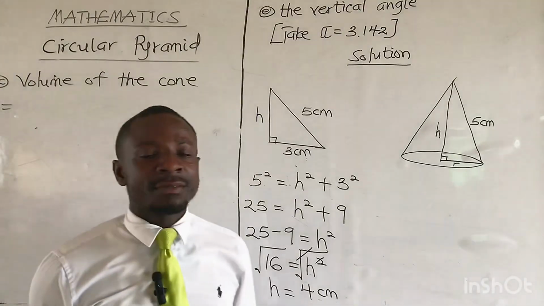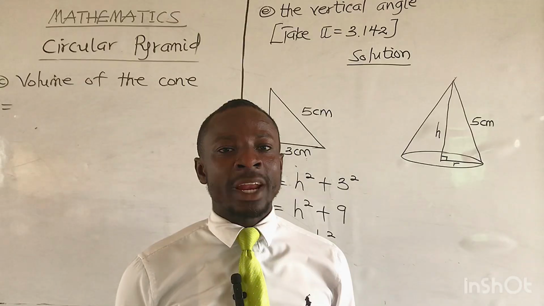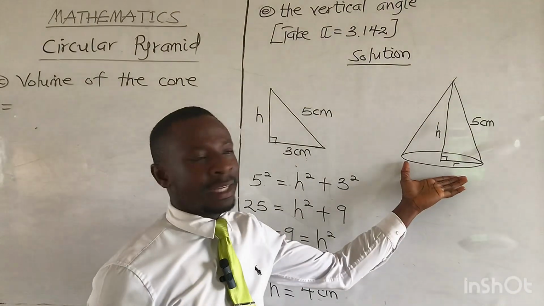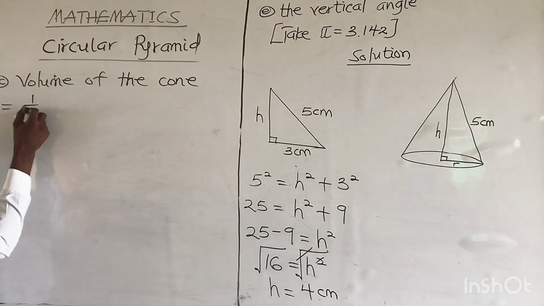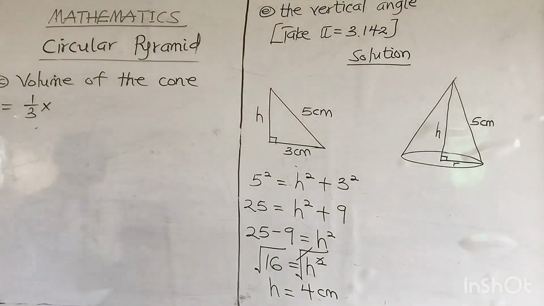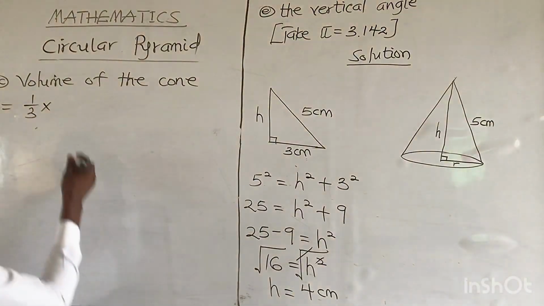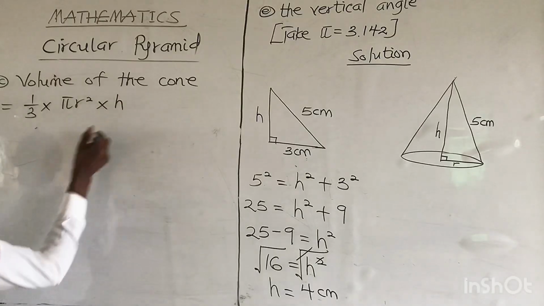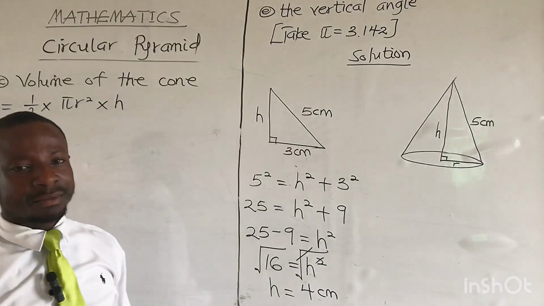So in the beginning, I said that the volume of the cone is 1 over 3 multiplying the area of the base multiplying the height. So we have 1 over 3 times, because the base is in the form of a circle, then it's going to be pi r squared times h, which is the height of the cone.